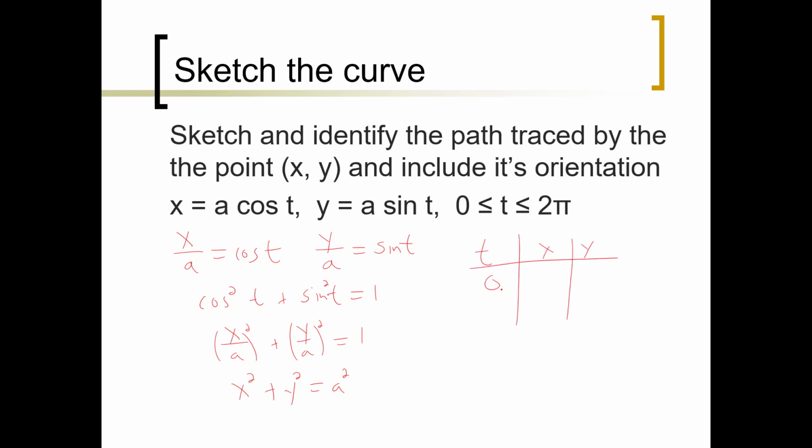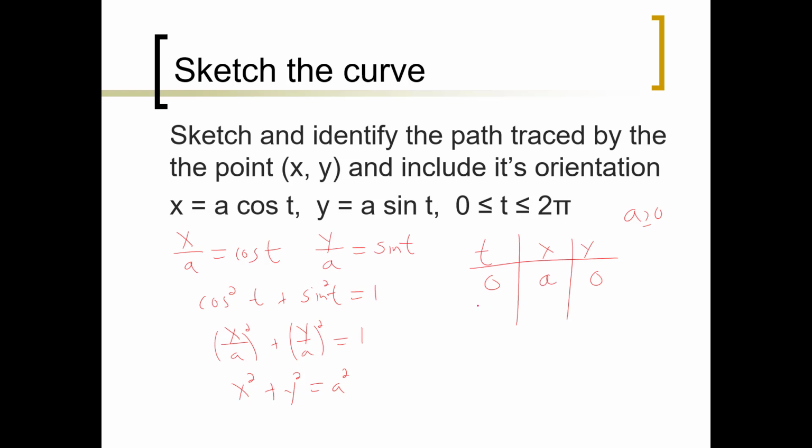When it's 0, you would get that x equals a times the cosine of 0. That would then be a for x. And if t is 0, y would be a times the sine of 0. That would be 0. So then, assuming that a is going to be positive here, this means that you would start at a point on the positive x-axis.